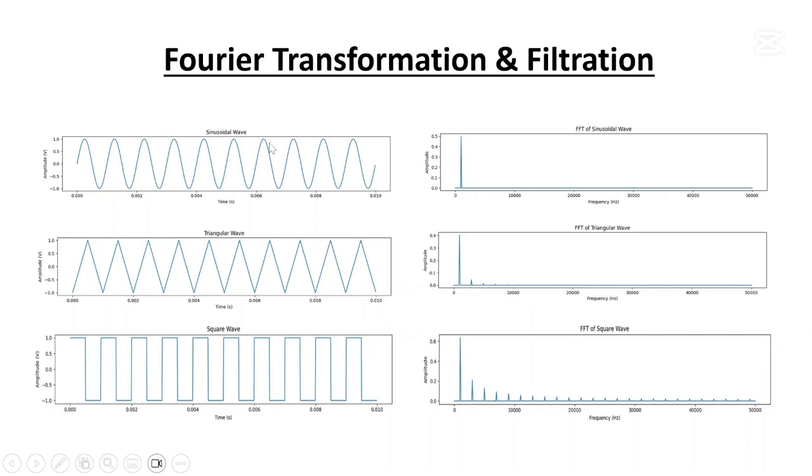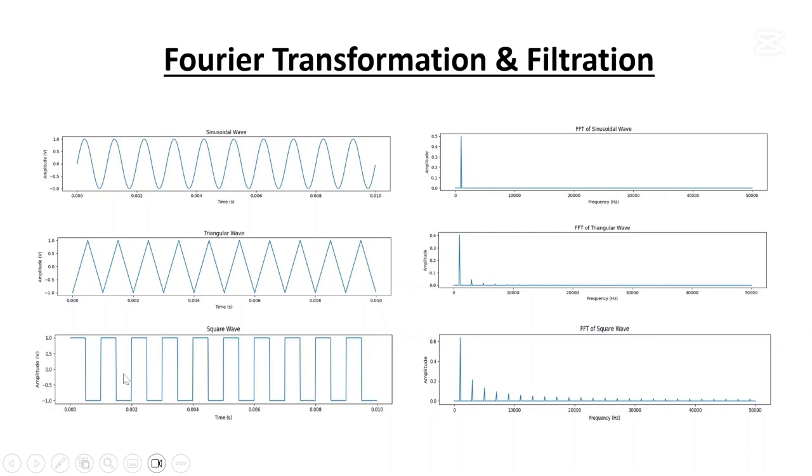Unlike the sinusoidal wave, which consists of only one frequency, a triangular wave is actually a sum of a frequency and its harmonics. Okay, harmonics means the multiples of a frequency. So a triangular wave is not just a single frequency, it is actually a sum of frequency and its harmonics.